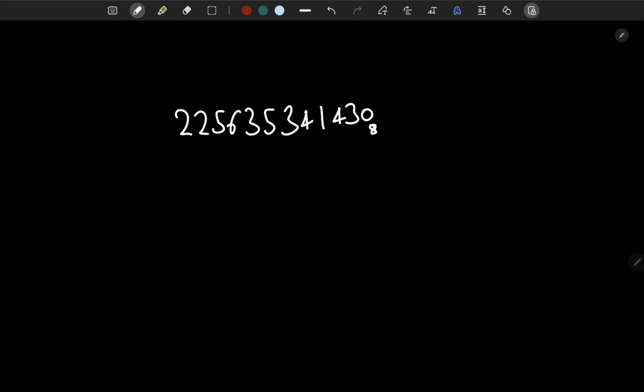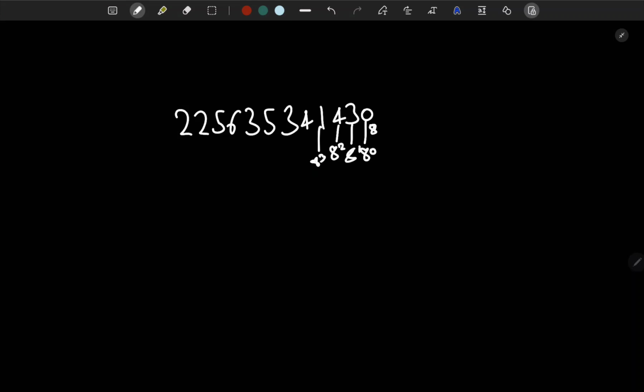As for our last example, if you manage to do this example correctly, then you're a master at converting from octal to decimal. So take a moment and pause the video. Okay, I'm going to start now. So it's going to be 0 multiplied by 1. This is going to be 8 to the power of 1, 8 to the power of 2, 8 to the power of 3, and so on. I'm going to write it down now.